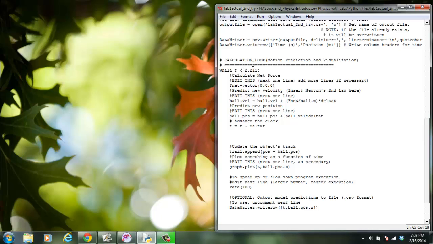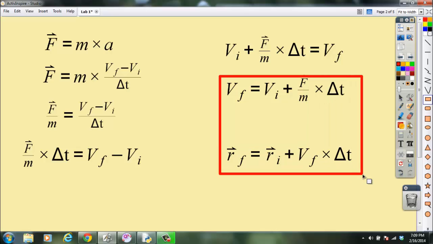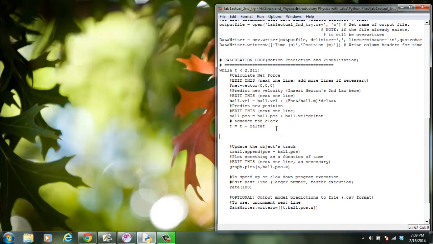I applied Newton's second law in a loop for 2.2 seconds, again because that's the length of time in the Tracker video. Now, these expressions of ball velocity and ball position are the same expressions that we found and derived earlier. So we might note that that's where those formulas came from.